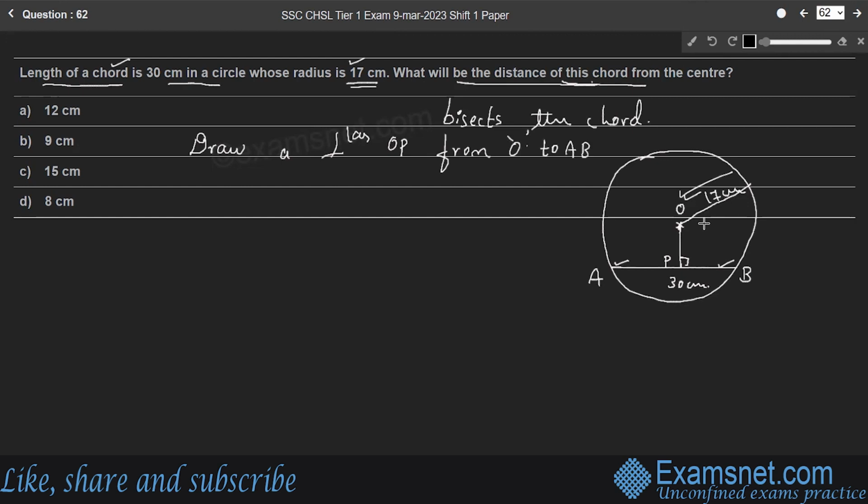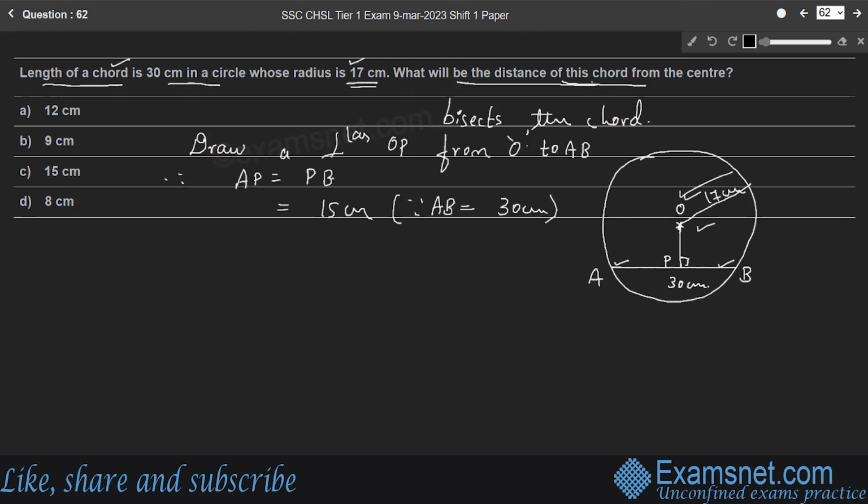Therefore, AP is equal to PB because the perpendicular bisects the chord. So AP is equal to PB is equal to 15 centimeter because the length of the chord AB is 30 centimeter.